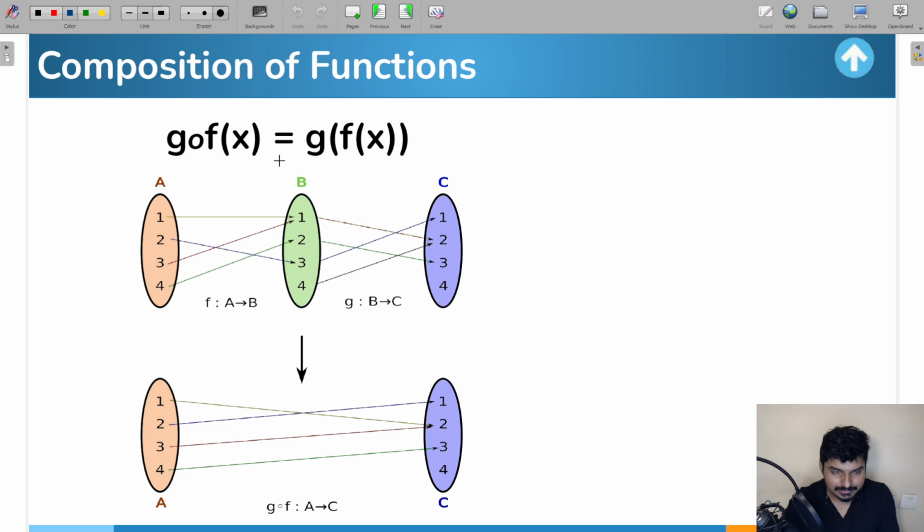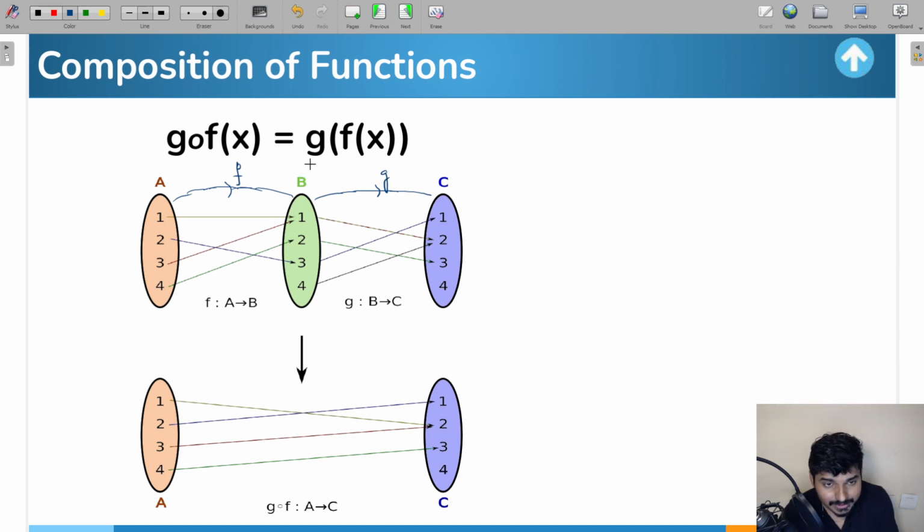Very simple. Let us say you have three sets A, B, C, in which the function f is defined between A and B. The function g is defined between B and C. Function f is defined between A and B, function g is defined between B and C. Now, if you want to find the composition of both the functions, remember the first important logic, that the codomain of the function f should be equal to the domain of the function g.